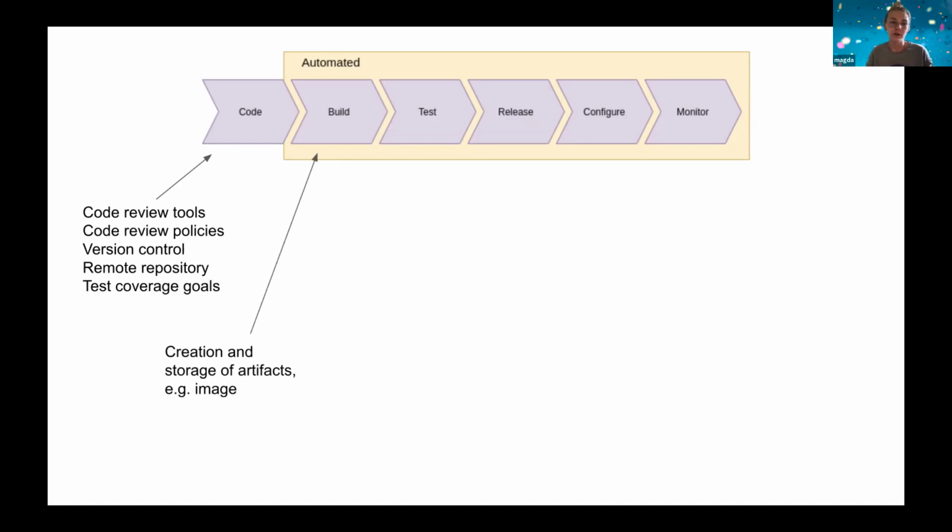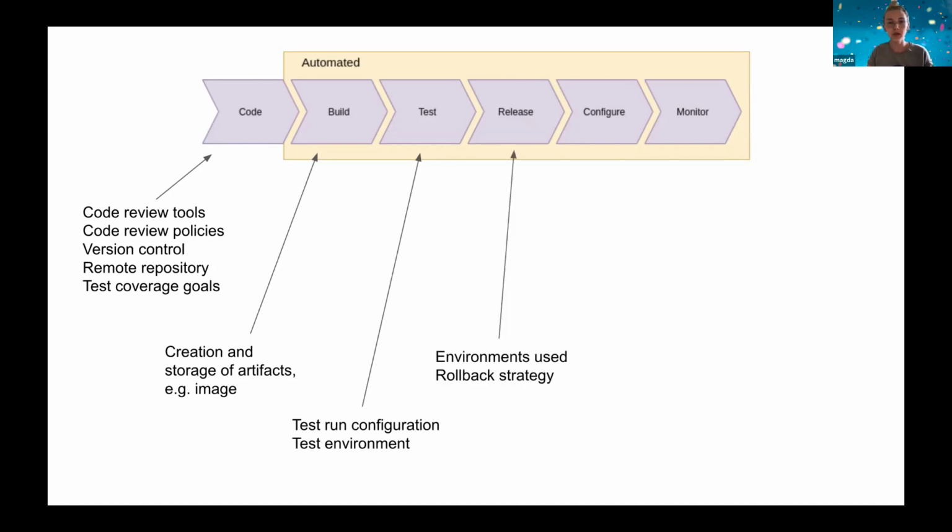The first step is the building phase, where you are building and creating artifacts, for example, Docker images from your code. Then you're moving on to the testing phase, where some kind of test environment needs to be created, and there is a test configuration that will run your tests on the code. Moving on, we go to the release phase, where you would have the specified environments that you want to use for your release, and you would also have some kind of rollback strategy.